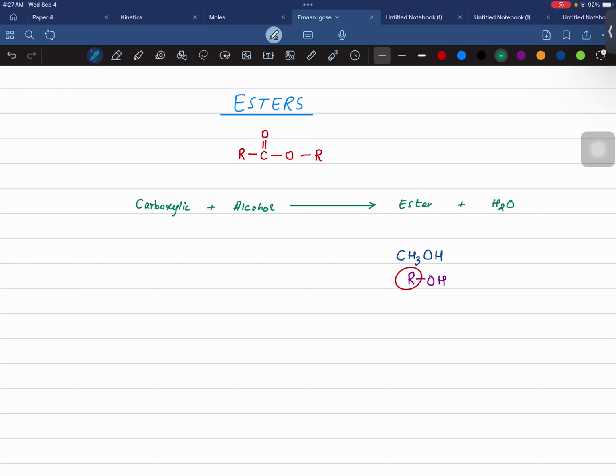Basically, we are interested in esters, so we will look at how they form. H2SO4 is a catalyst in this reaction, and also heat. We have discussed hydrogenation and hydration. In hydrogenation, we were heating up to 200 degrees Celsius and using nickel as a catalyst.